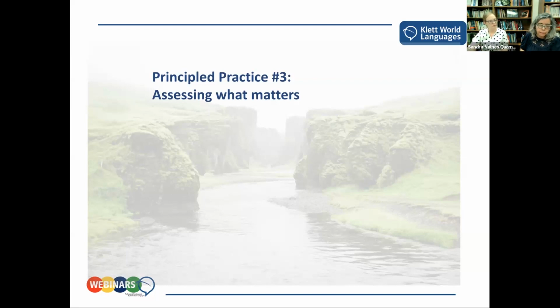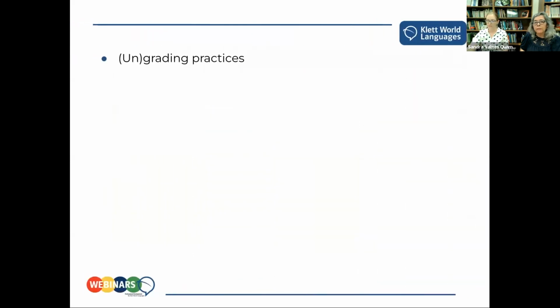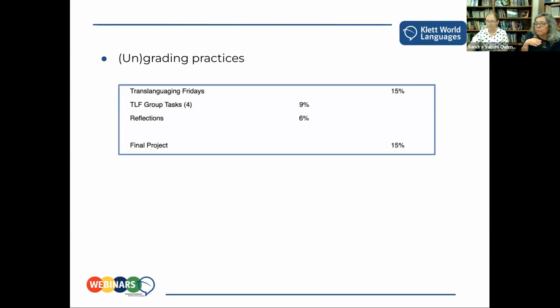In terms of assessing what matters also, we had a reflection on grading practices. And although we are not there yet, we are planning to implement it. So we can show first what we were doing for the TLF work. We had Translanguaging Fridays, and 15% of the final grade, or 30%, was based on what we did on those Fridays.